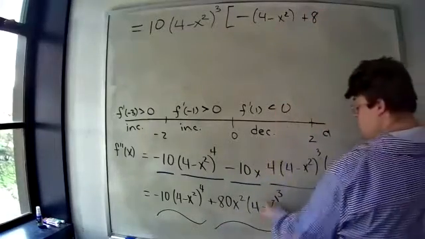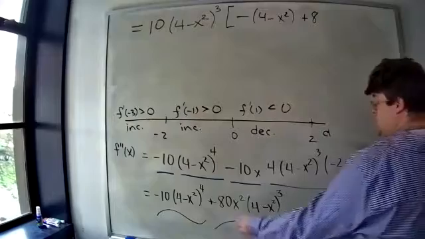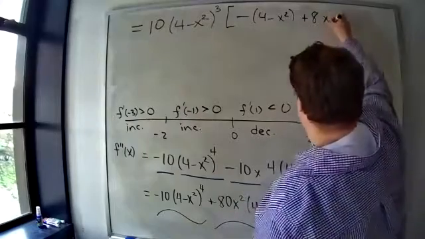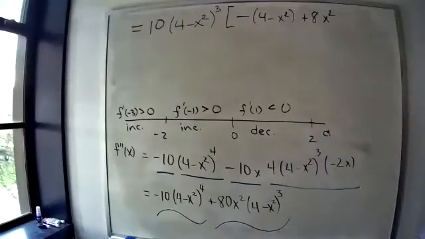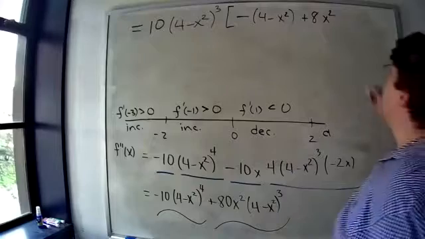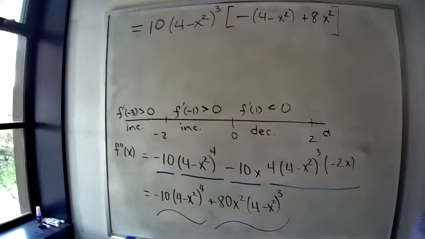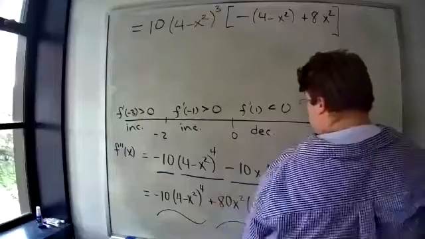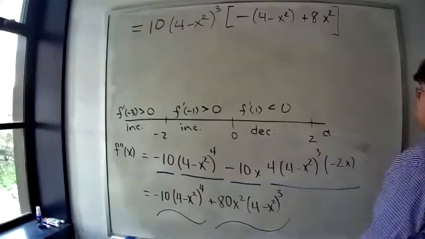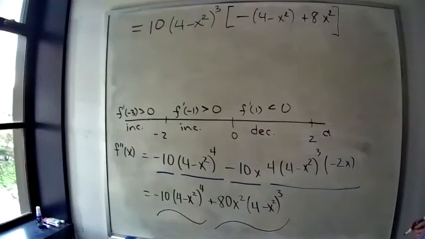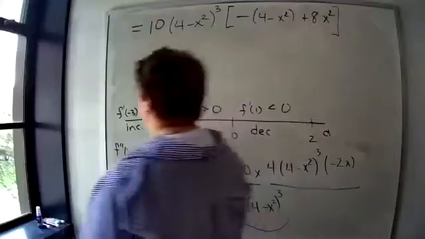Take 3 (4 minus x squared), well, you take all 3 of them, but you still have that x squared. So we pulled off a 10, we pulled off 3 (4 minus x squared), and we were left with this.